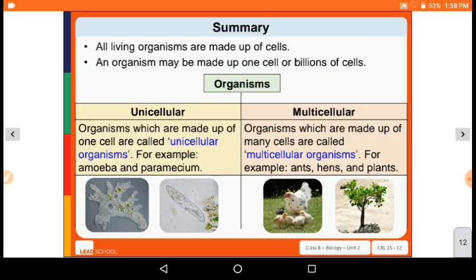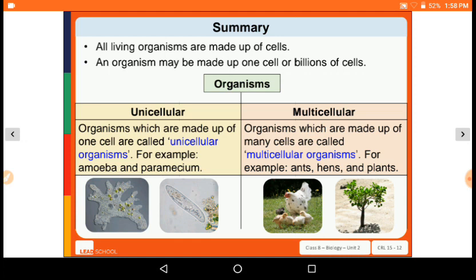Now let's summarize. All living organisms are made up of cells, and organisms may be made up of one cell or of billions of cells. Here we can differentiate the two. Organisms which are made of one cell are called unicellular organisms.